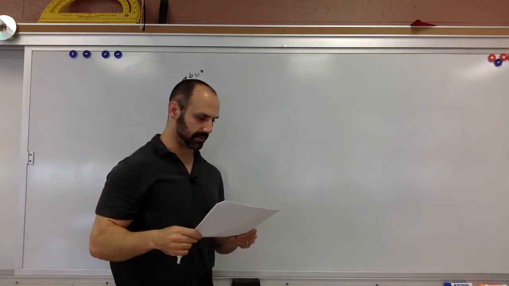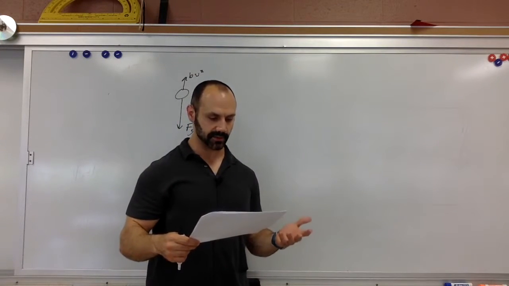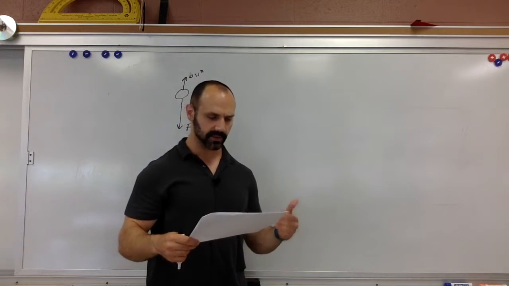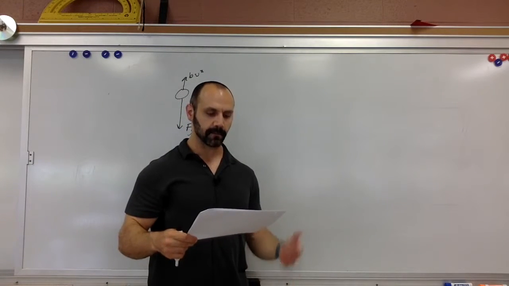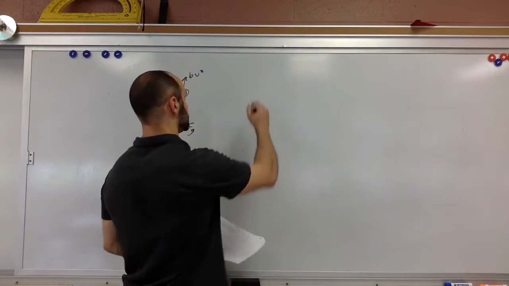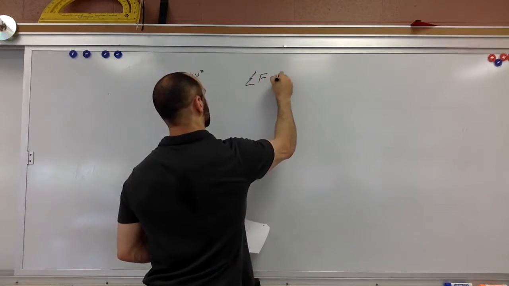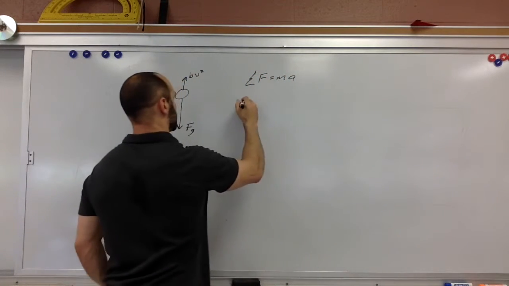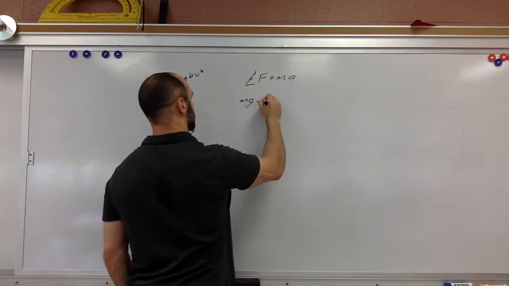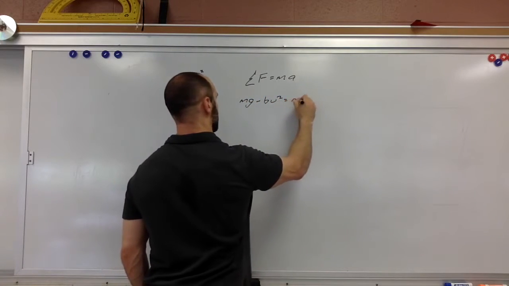Now state whether the magnitude of the acceleration increases, decreases, or remains the same as the ball approaches terminal speed. Here's the idea. Since sigma F equals ma, mg minus bv squared equals ma.